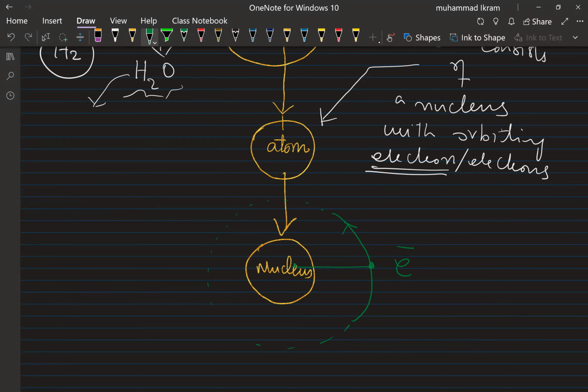Now, look at the conclusion of the KMT, the kinetic molecular theory.